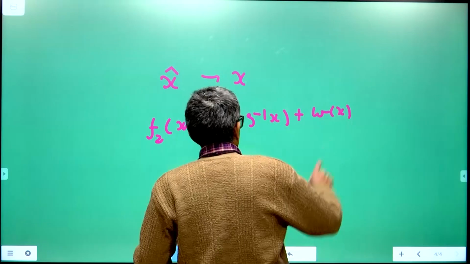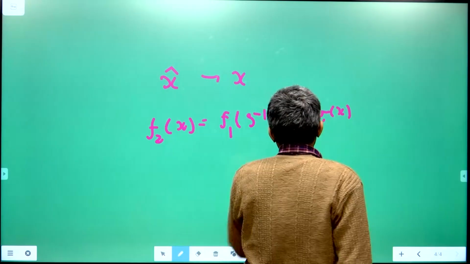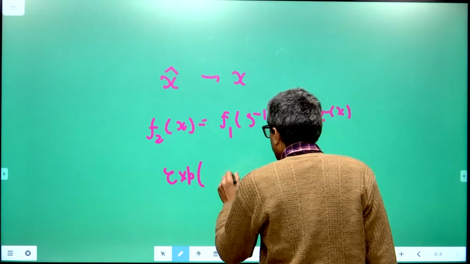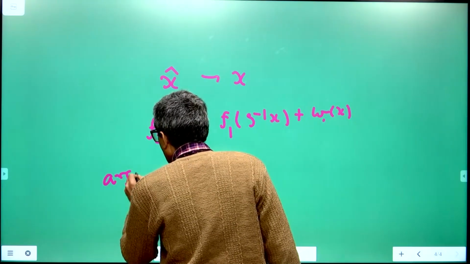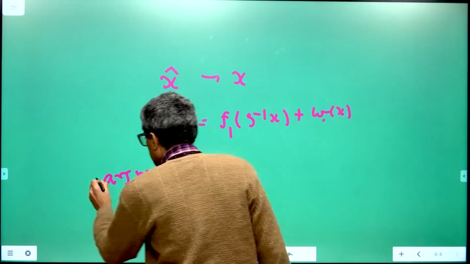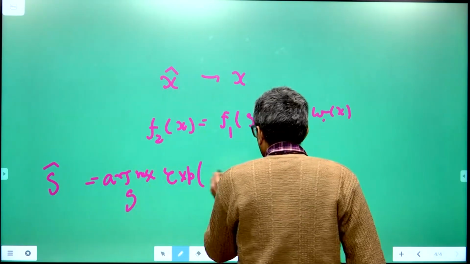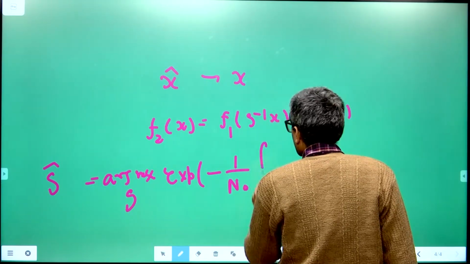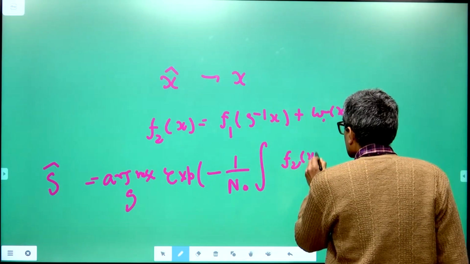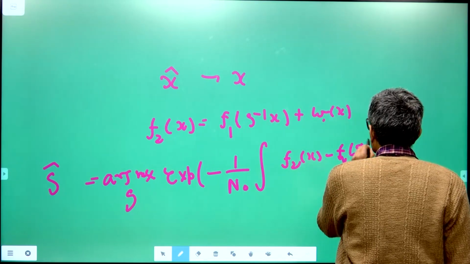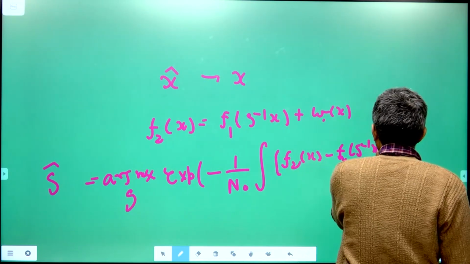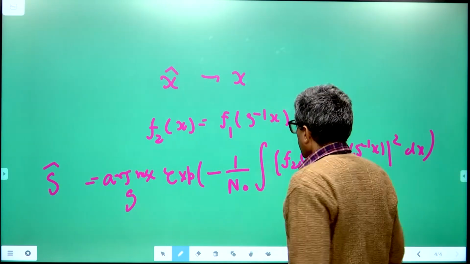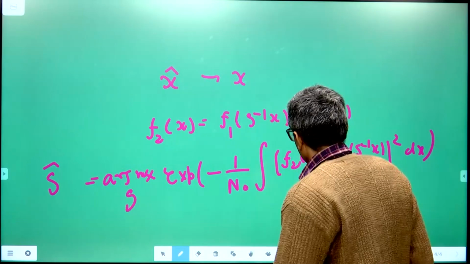So directly, suppose W is a white Gaussian noise field, then the maximum likelihood estimator of G will be the argmax over G of minus 1 by n0 times the integral of mod square of F2 of x minus F1 of G inverse x, dx, where dx is the invariant measure on the manifold M, that is, a measure which is left invariant by the group action on the manifold.